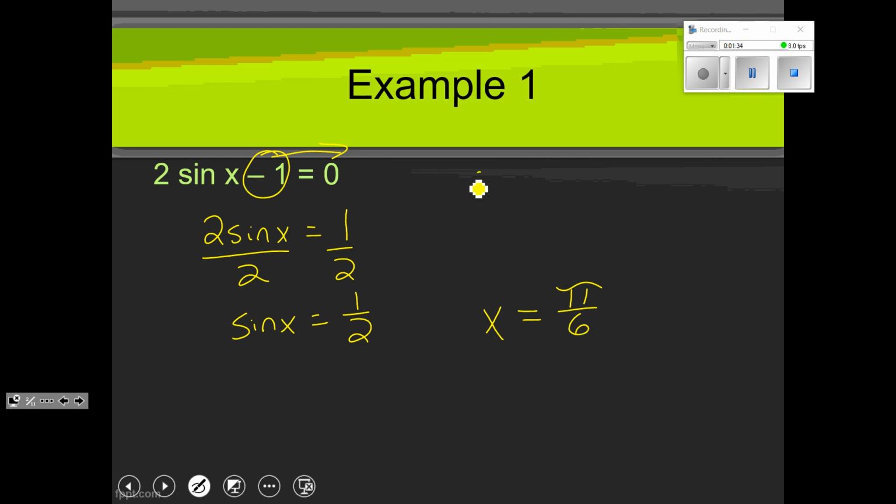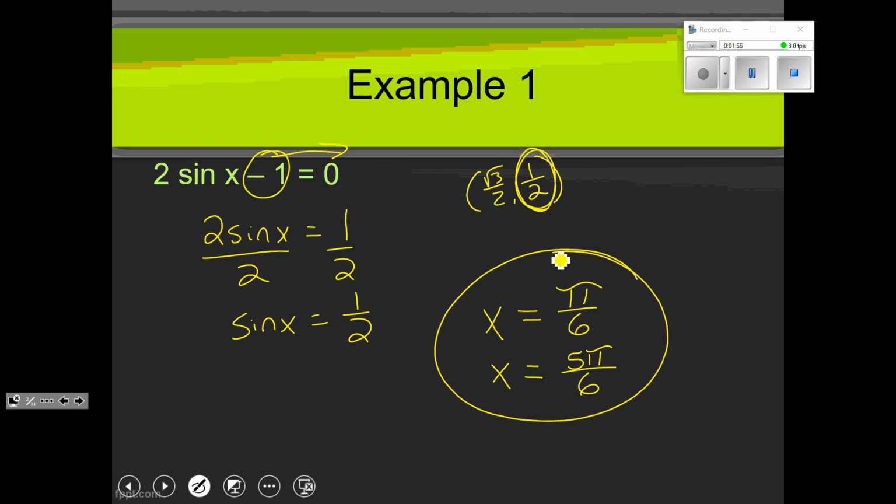The coordinate point is square root of 3 over 2 and positive 1/2. That means the y coordinate is equal to 1/2. And then I also think there's another spot. If you go to the second quadrant, it would be 5 pi over 6. So that would be your 2 answers.